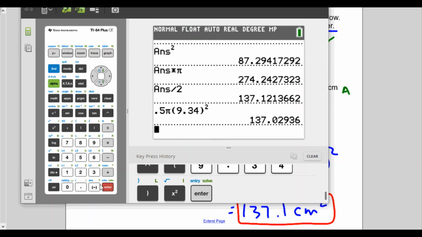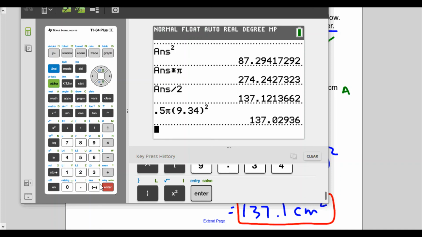About 137.0. So it all depends on how much you round. If you got 137.0, it means you rounded to 9.34. If you got 137.1, that was probably because you left the whole thing. Notice it's kind of interesting: if you round too much, you're leaving off a little bit. So which answer would be more correct? I would say in this case 137.1 is the more correct answer because you have less of a rounding issue.